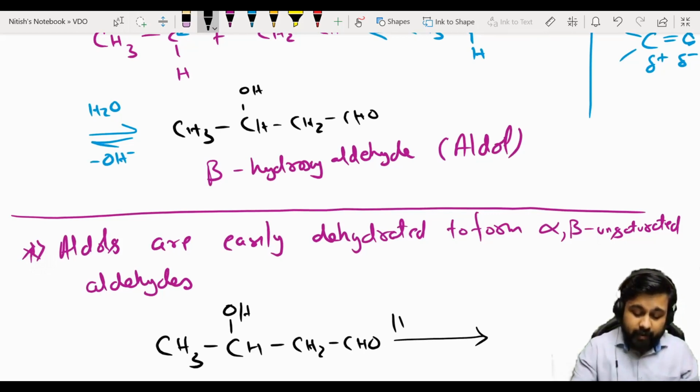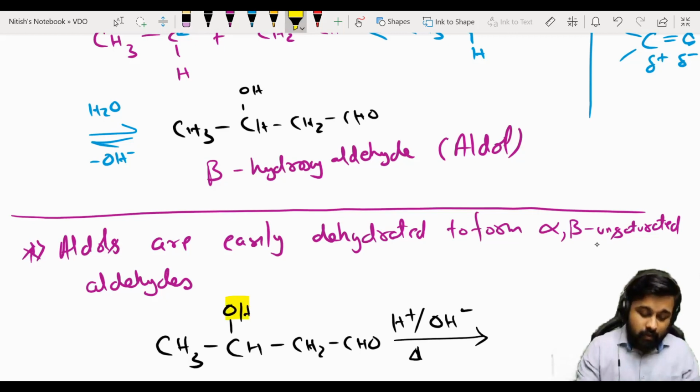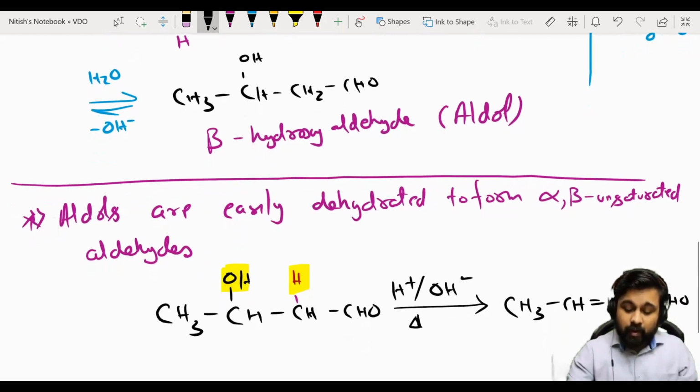If we just heat it in the presence of a very mild acid or base, anything will work. You just heat it. This OH and one hydrogen from its neighbor will leave the compound, leaving behind an alkene, or a double bond, in that place. So this is now an alpha beta unsaturated aldehyde.